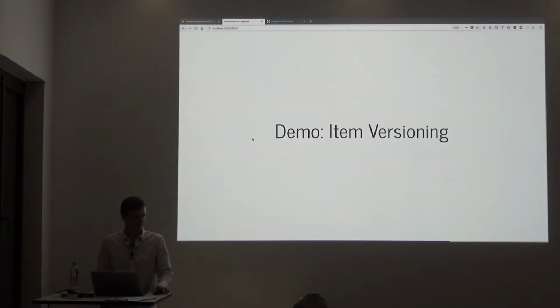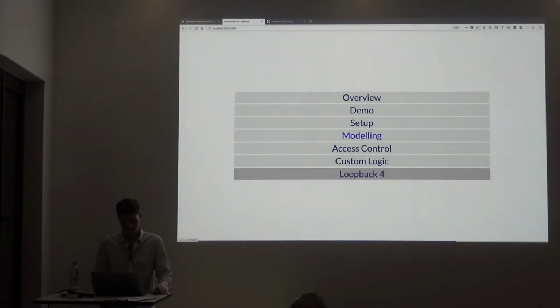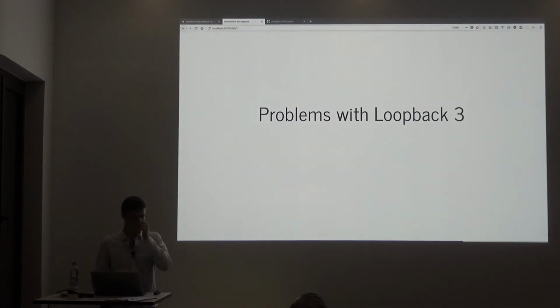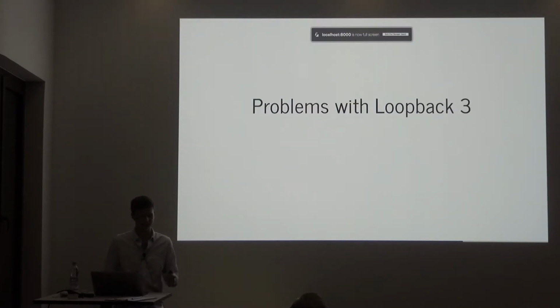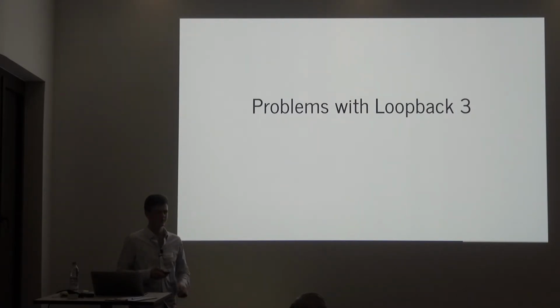Okay, so that was the item versioning. I also said that I wanted to talk a little bit about the new version of Loopback, which is Loopback 4. And of course, first of all, I want to say some things about the problems with the current version. We have seen some things before.